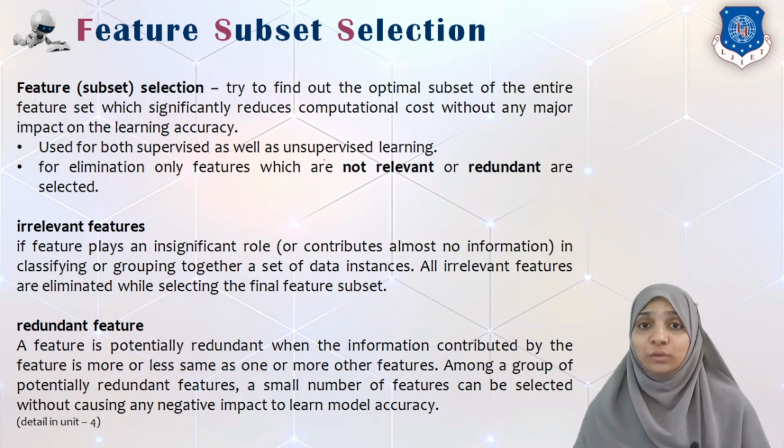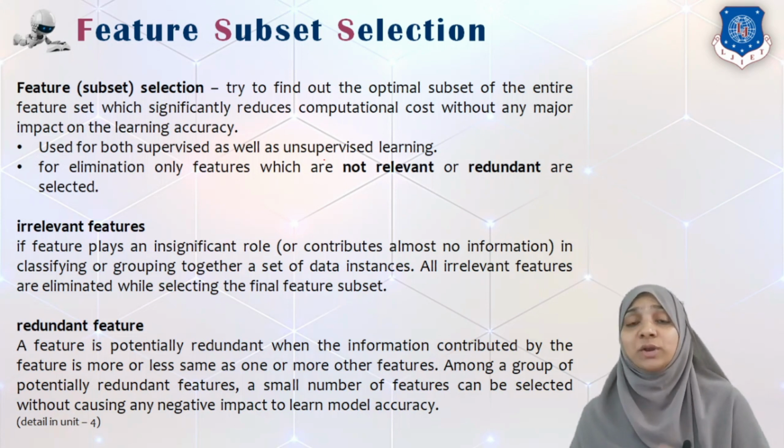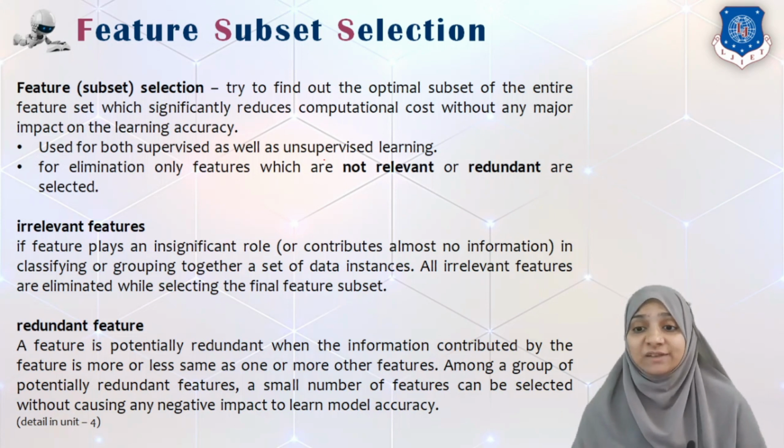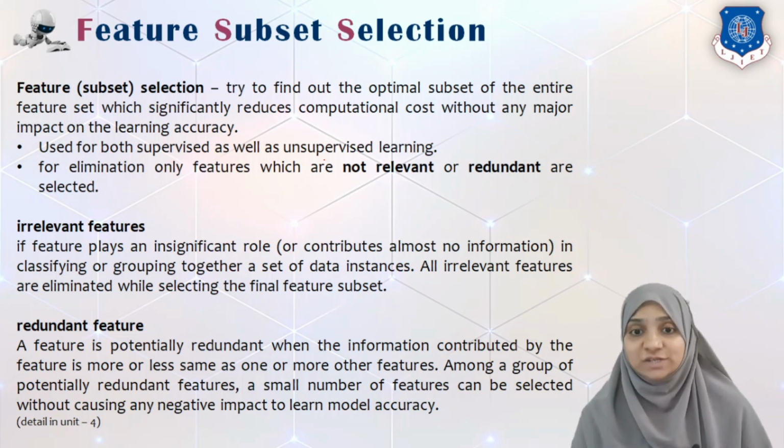For both supervised and unsupervised learning, we can make use of feature subset selection. It tries to eliminate irrelevant features, that means those features which are not contributing any information to the data set, and redundant features, that means those features that are giving the same information as previous features.